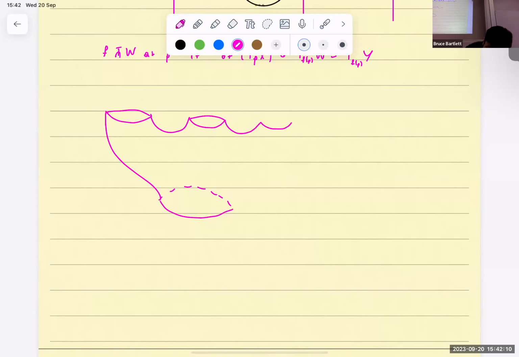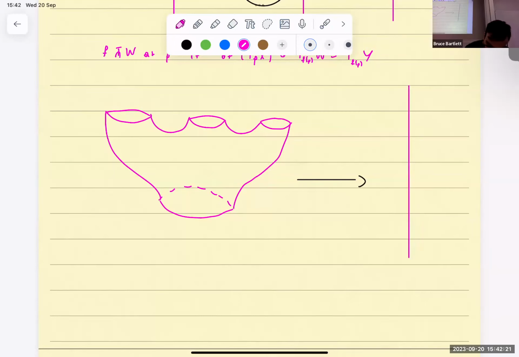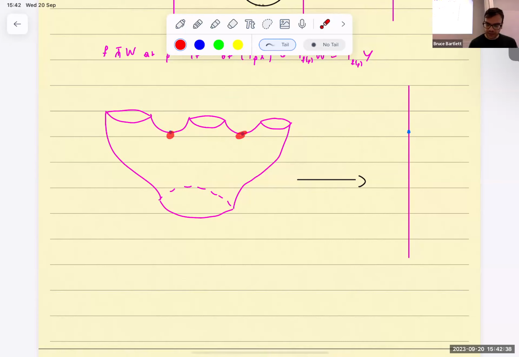Live drawing is my weakest point. Right, so this is an example. If you take this surface and look at its height function, there are going to be those two critical points of the height function that have the same critical value. So this is an example of a smooth function with two critical points that have the same critical value.